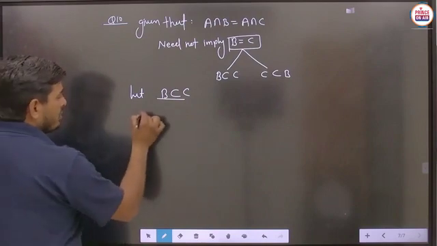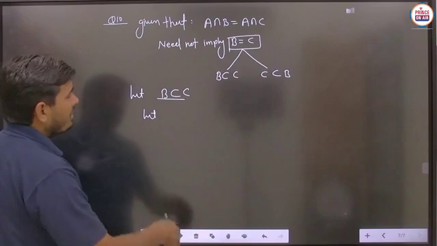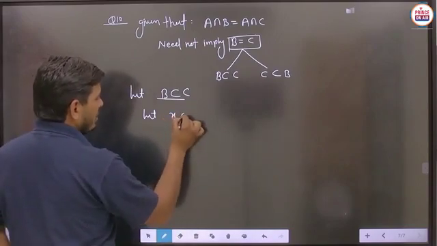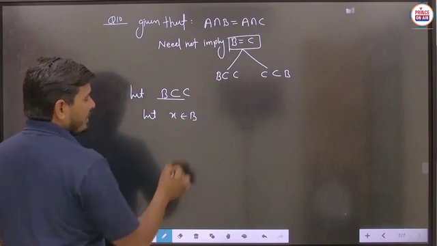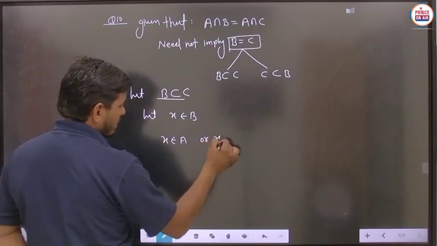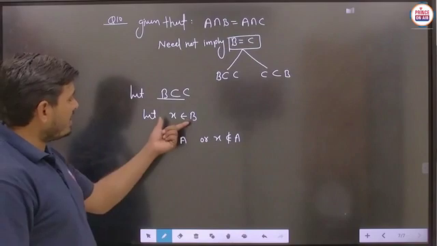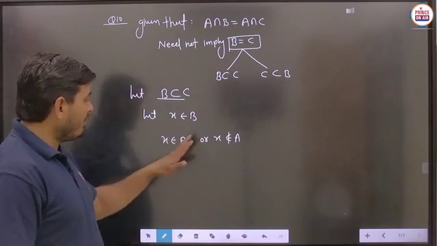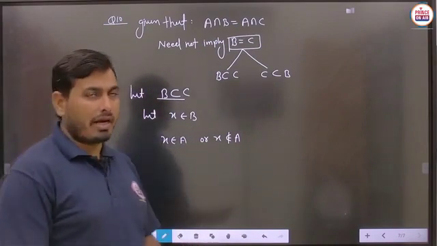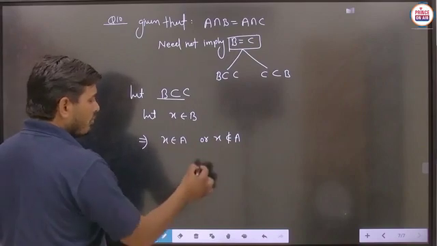So let any element we are taking, x, belong to the set B, then x belongs to set A or x does not belong to the set A. Suppose any element we are taking in the set B, then that element may or may not be contained in the set A. So we are writing the two conditions: either x belongs to A or x does not belong to A.